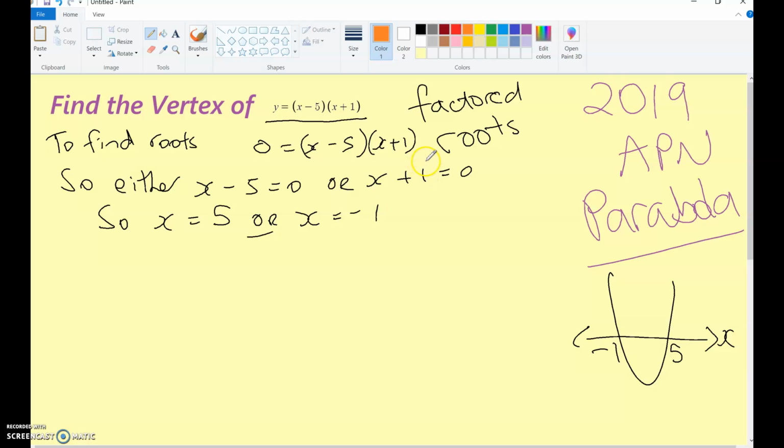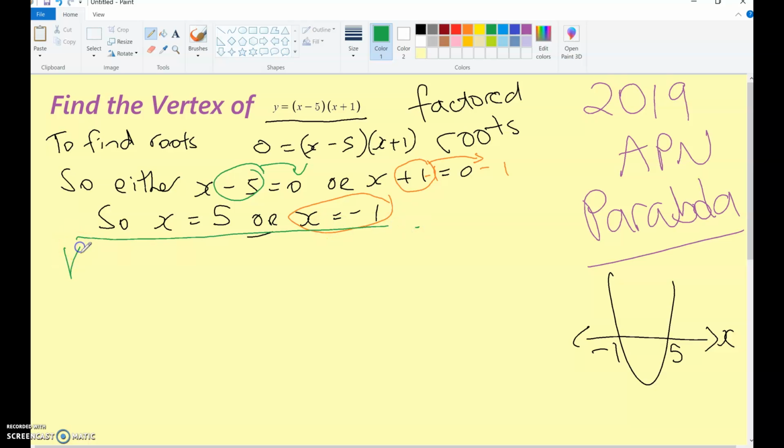How did I do that? The plus 1 on that side, took 1 off both sides, so the minus 1 there, that disappeared, and minus 1 there turned up here. And for this one, the minus 5, so we added 5 to both sides, so the 5 turned up on the other side, and minus 5 plus 5 disappeared. Okay, so we've got these two roots.